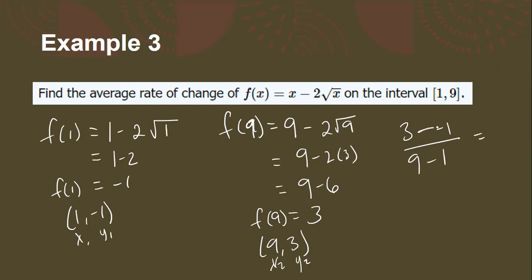Minus a negative is plus a positive because a negative times a negative makes a positive. So 3 plus 1 is 4. 9 minus 1 is 8. So our rate of change is 4/8, just 1/2. Yeah, eventually it was going to get down there, right?